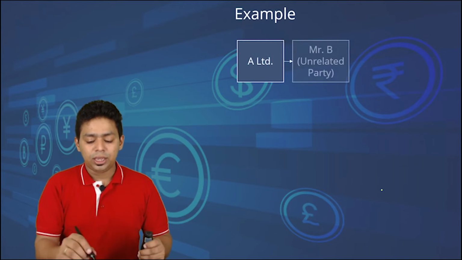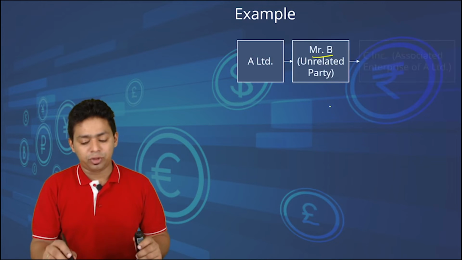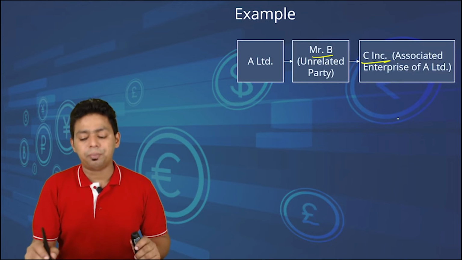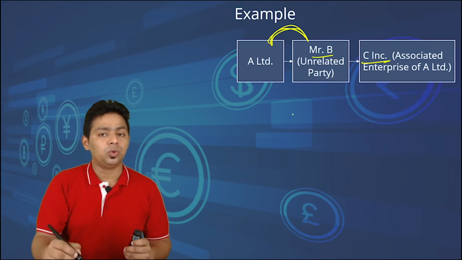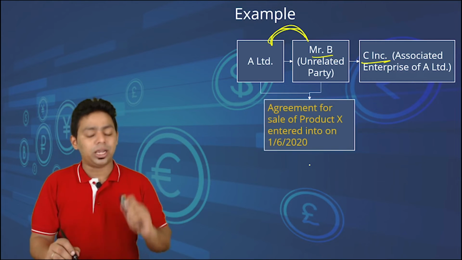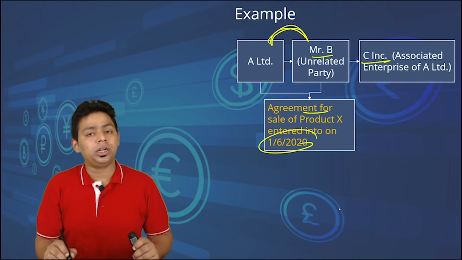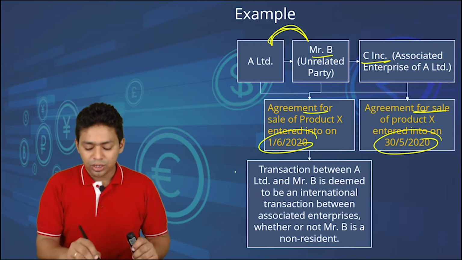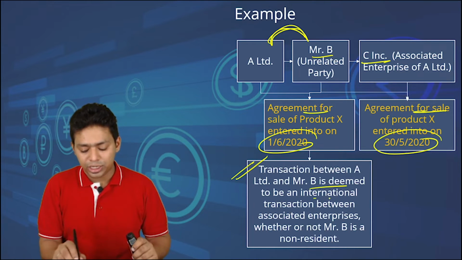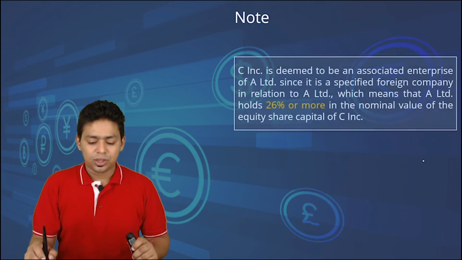Look at this: A Limited has done the transaction with an unrelated party, and the unrelated party has done the transaction with associate enterprises. The transaction between these two will be deemed to be an international transaction. Here the agreement was entered on 1st June and here the agreement was entered on 30th May. Transaction between A and B is deemed to be an international transaction.